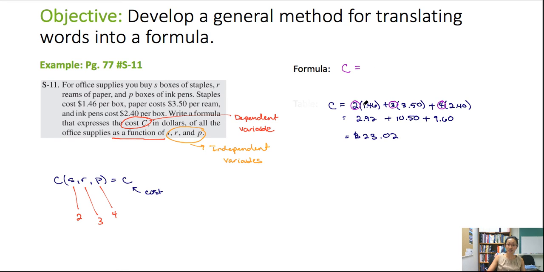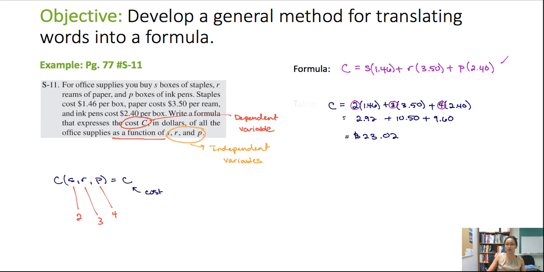So in general, to figure out the cost, it's S, which is what we labeled for boxes of staples, times however much it costs per box of staples, plus the number of reams of paper, which we called R, times however much it costs per ream, which is $3.50, plus the number of boxes of pens that we buy, which we call P, times however much it costs, which here is $2.40. So I hope you see that this gives us a nice formula.